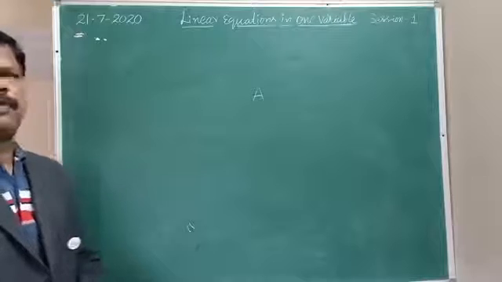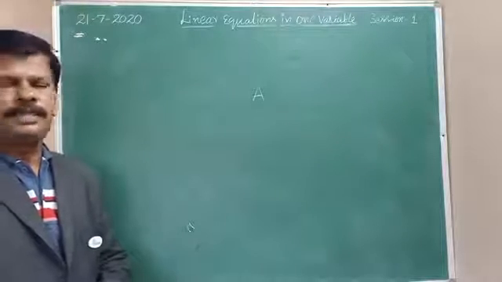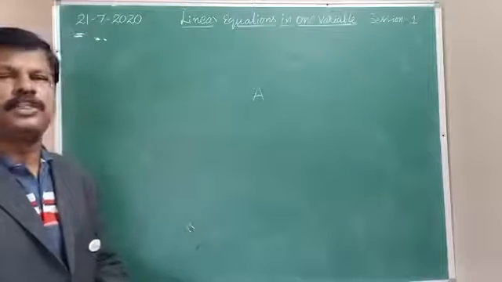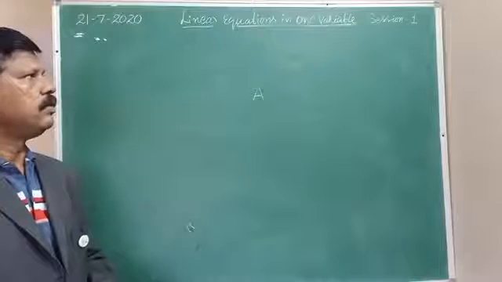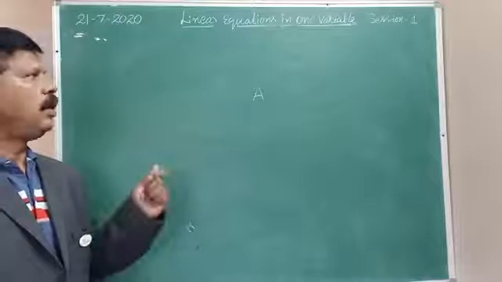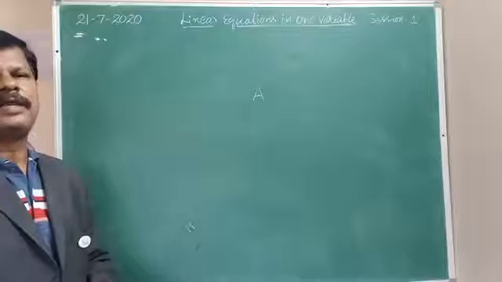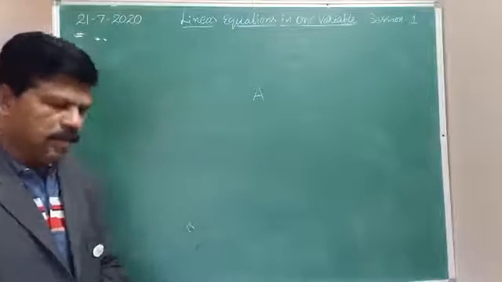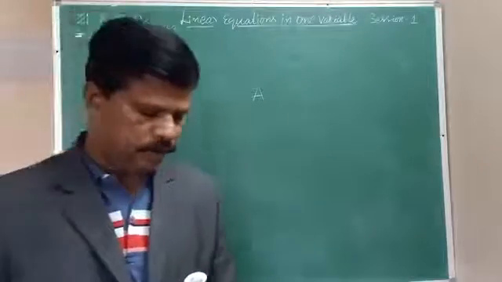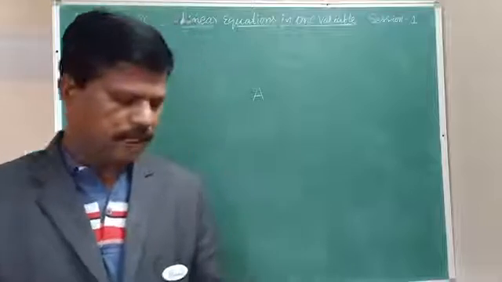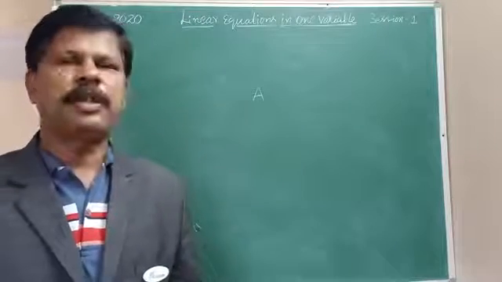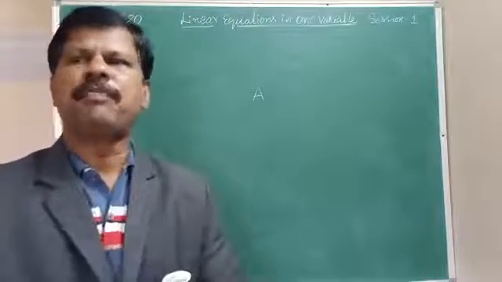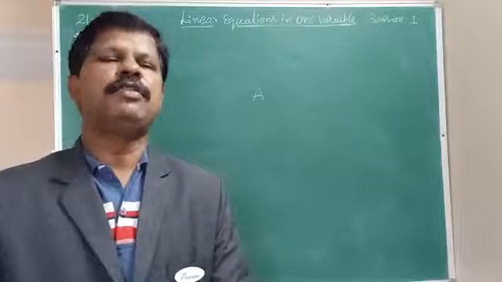Today's lesson, we completed one lesson, that is rational numbers. In that, you learned how to add, how to subtract, how to verify the properties like commutative, associative, distributive property, and some special properties of rational numbers like identity element and inverse element.